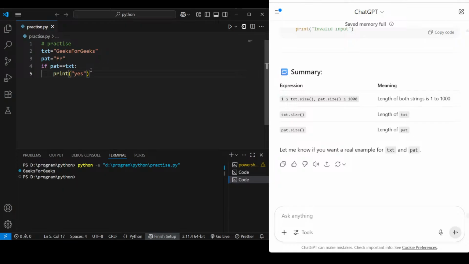Yes, first I need to try whether it is doing or not, and then let's go for the logic.